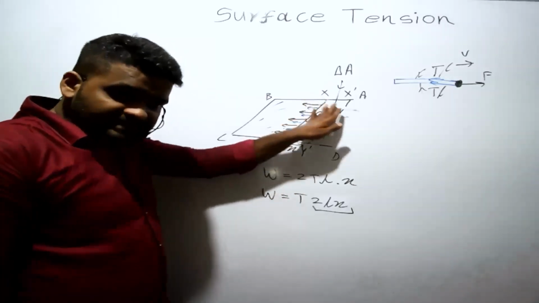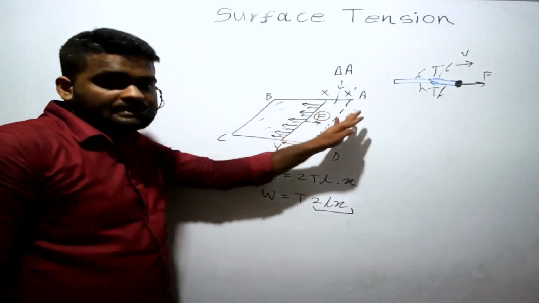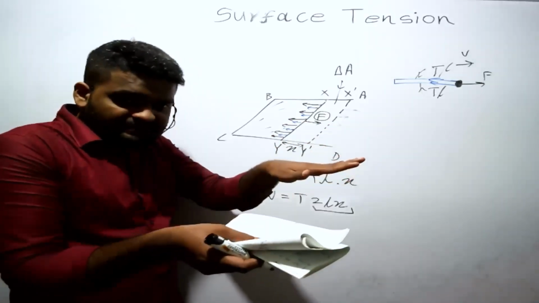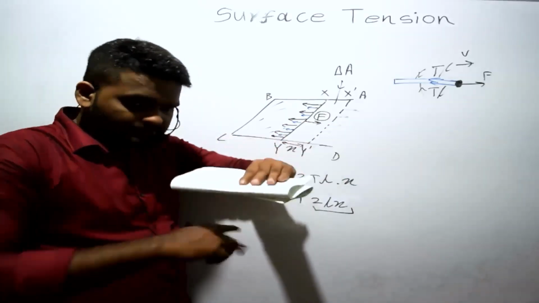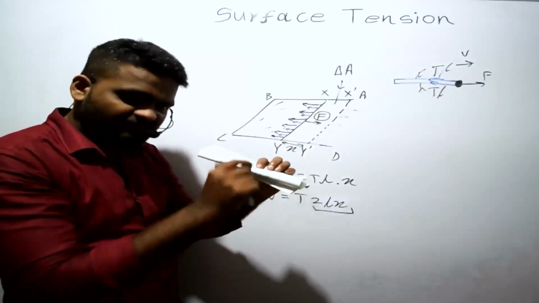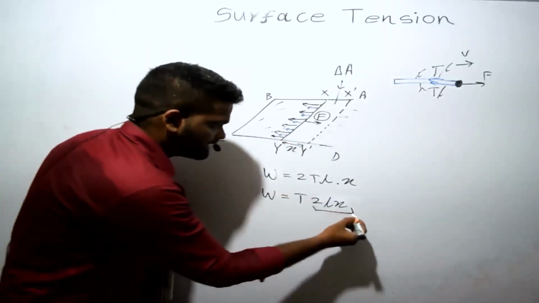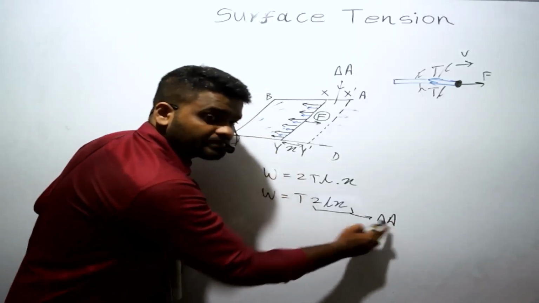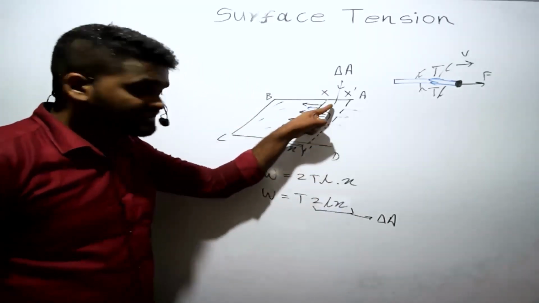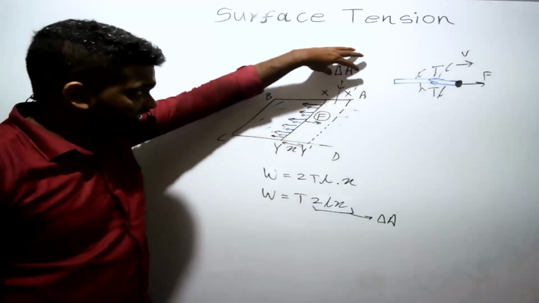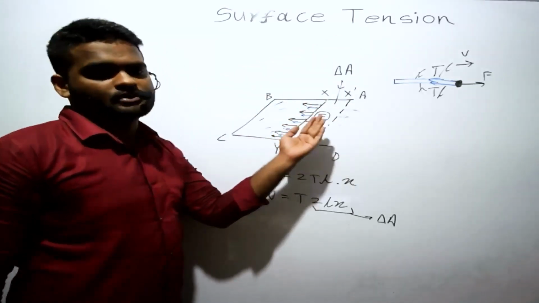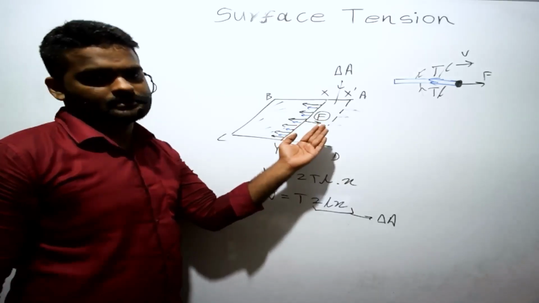So we have the increase of surface area. But there are two surface areas increasing, top surface and bottom surface. I'll take it as one, so let's say that is delta A. Delta A means two times this area. Here delta A means not only this surface but the top one and bottom one, right?